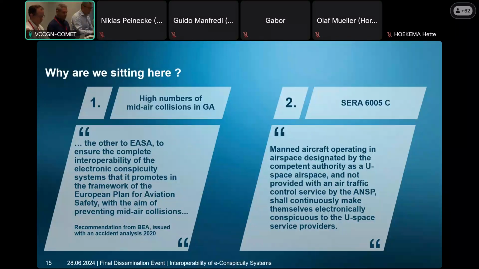And the second reason is the SERA.6005(c), you already talked about it, that manned aircraft have to be electronically conspicuous in U-space if they are not under control of the ANSP. And there are 4 means of conspicuity in U-space, and Lauro was already talking about it. It's a certified ADS-B system, UAT, and the 2 ADS-L systems. UAT is only authorized if it's authorized in all of the member states.